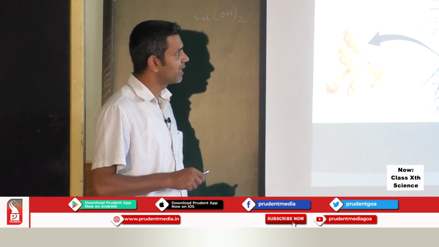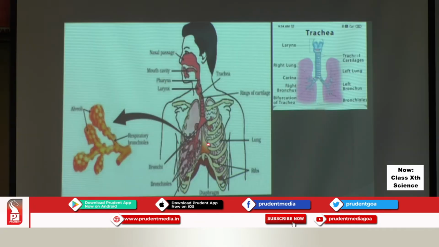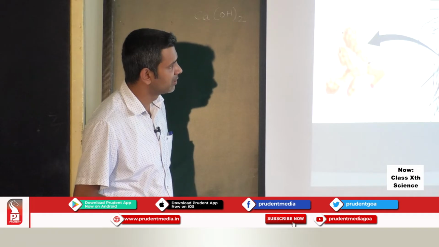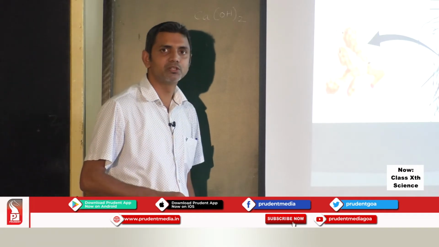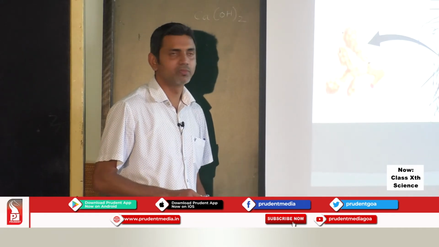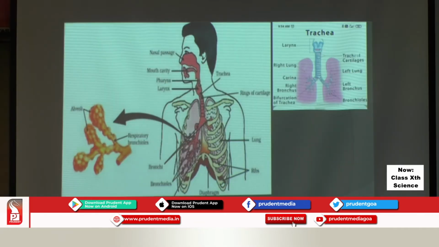They are richly supplied with blood vessels. So, there is one part called the diaphragm which is muscular, and this plays again a very important role in taking air in. So, let us understand in what way air is taken in.